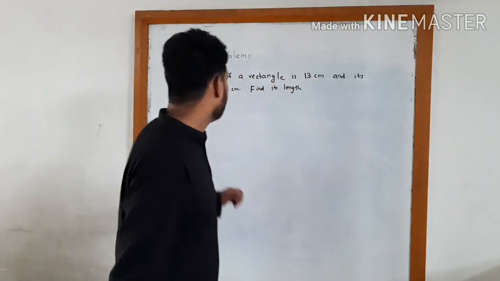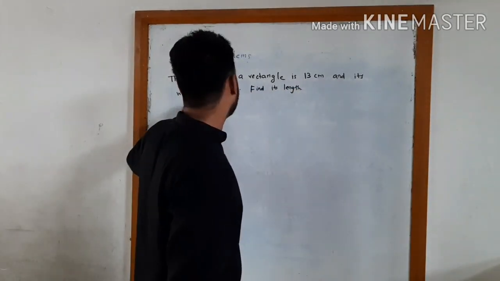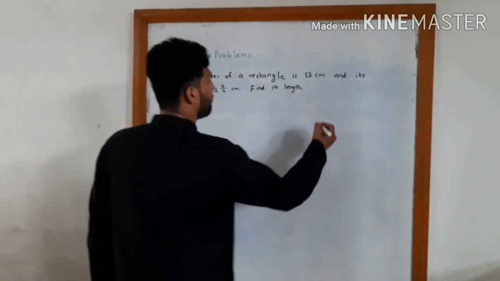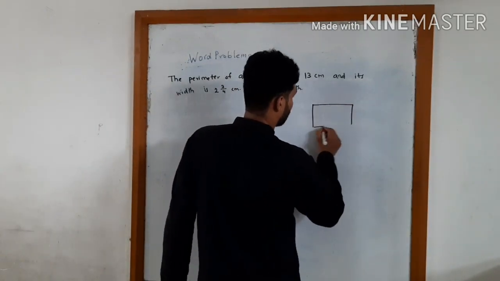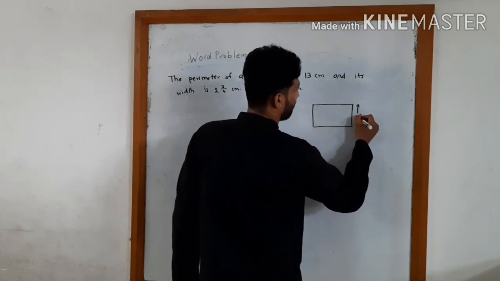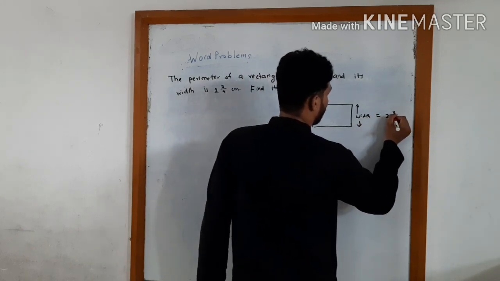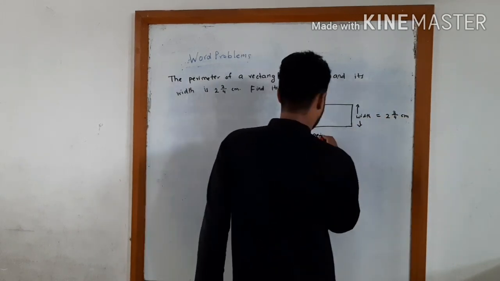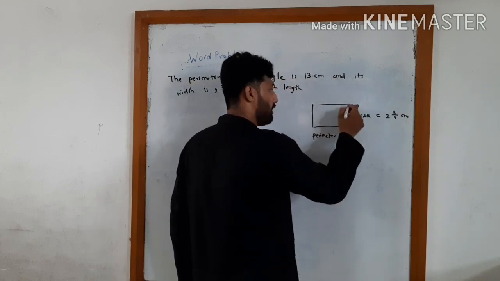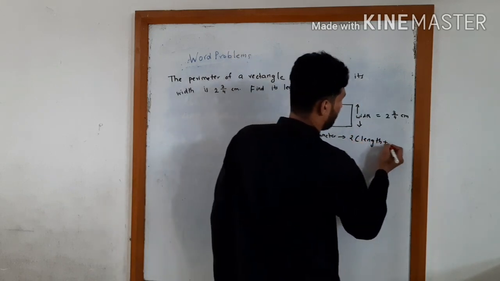The next word problem is, the perimeter of a rectangle is 13 centimeter and its width is 2 integers 3 by 4 centimeter. Find its length. So we have a rectangle, right? The width is given as 2 integers 3 by 4 centimeter. Perimeter of a rectangle is the sum of all the sides, which is 2 multiplied by length plus breadth.